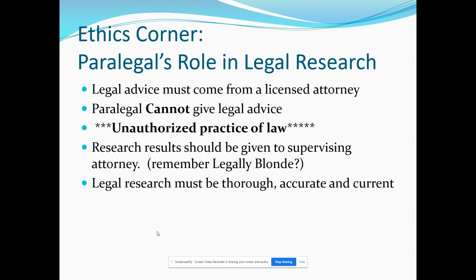So Legally Blonde, she was a law student. She wasn't a lawyer. And she ended up trying a case. And you may recall that there was a special rule in, I think it was Massachusetts, that allowed a law student to appear in court so long as she was under the supervision of a licensed attorney, and that one was Luke Wilson.